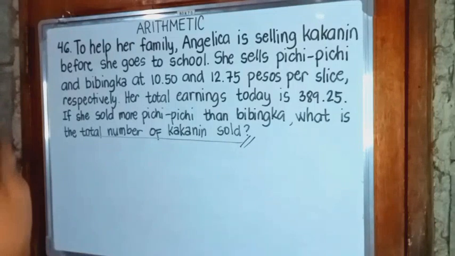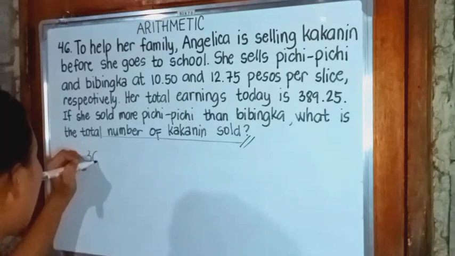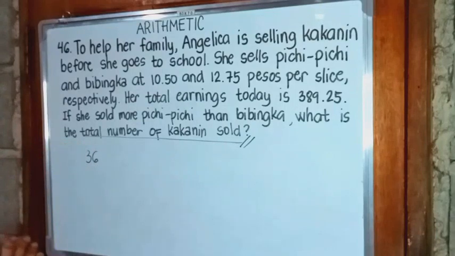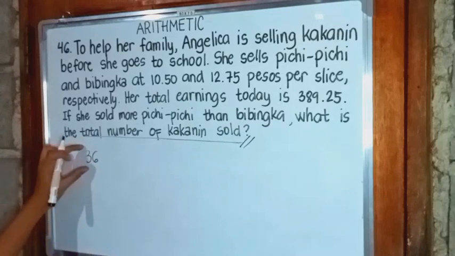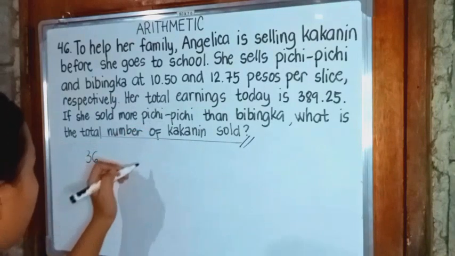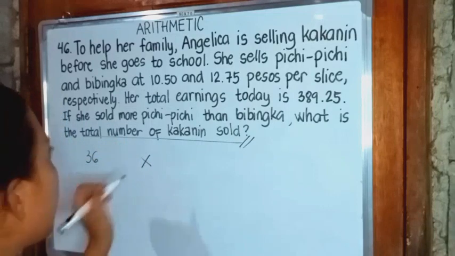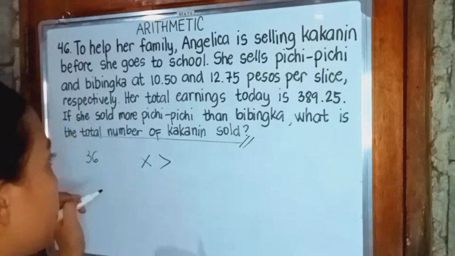If there are 36 total number of kakanin sold, we have to find numbers that when added is equal to 36. But we need to satisfy the given condition where the sold pichi-pichi is greater than the sold bibingka.